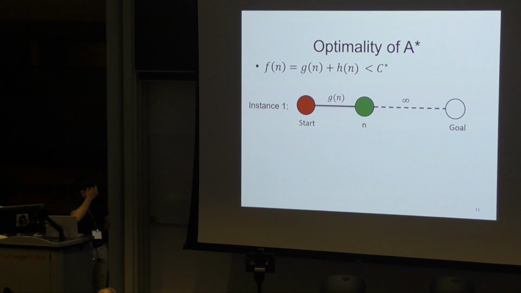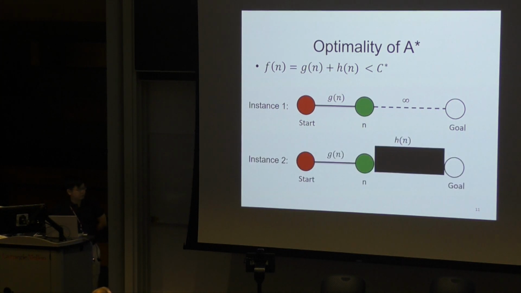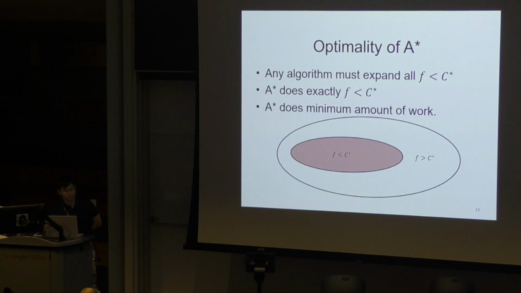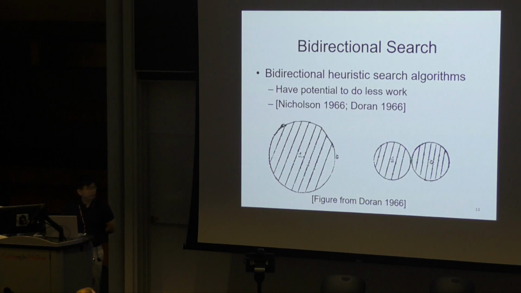Even if we don't expand it this time, and still find the optimal solution, we can always create another instance where there is an edge connecting n to the goal, and the algorithm terminates with a suboptimal solution. So the algorithm fails. So the argument is that any algorithm must expand all states with f cost less than C star, and A star does exactly that set of states. If we ignore the ties, A star is doing the minimum amount of work.